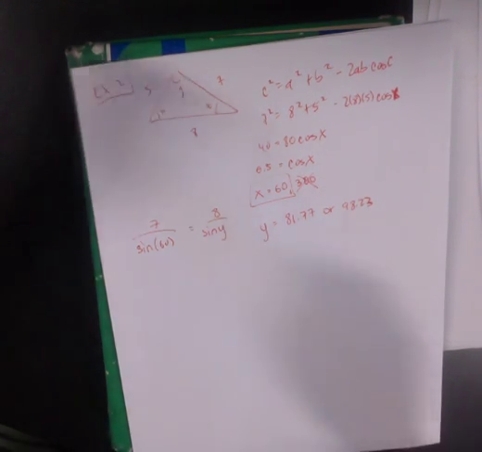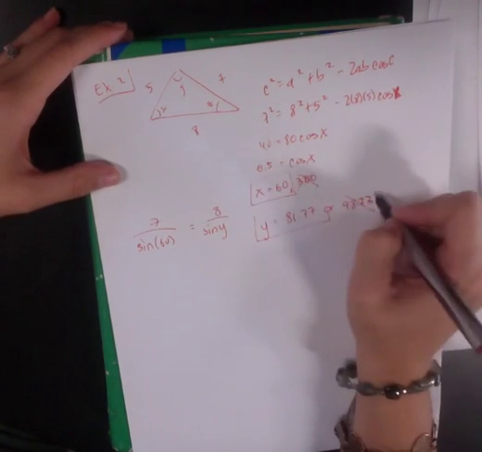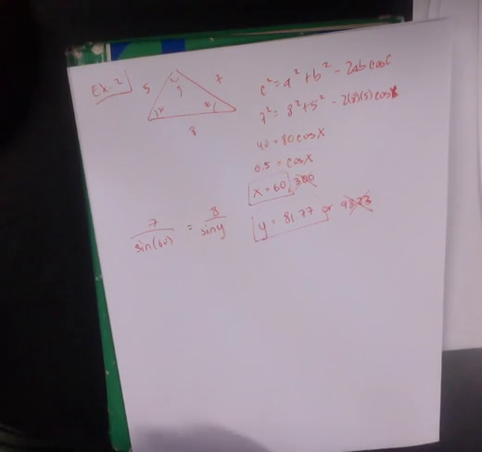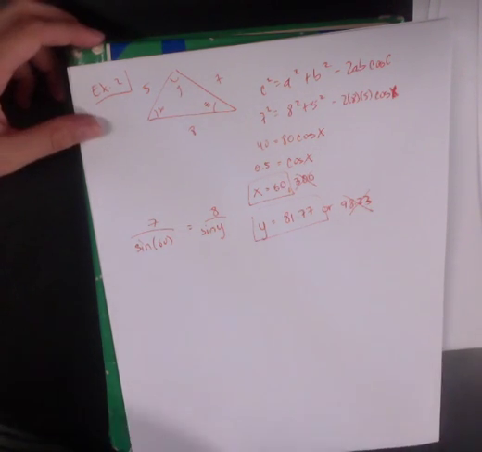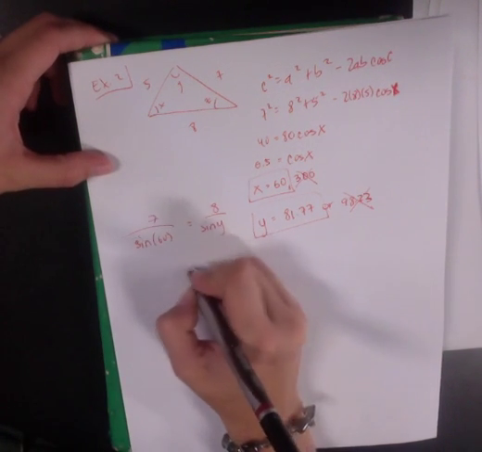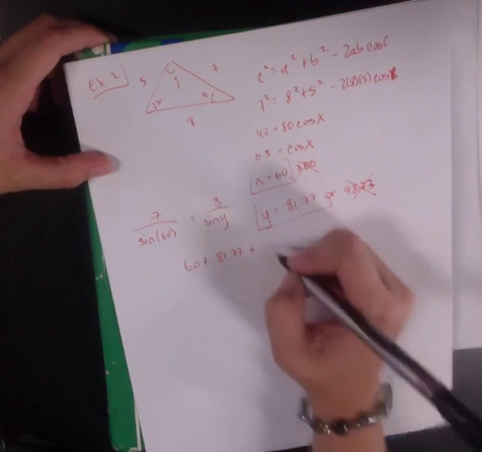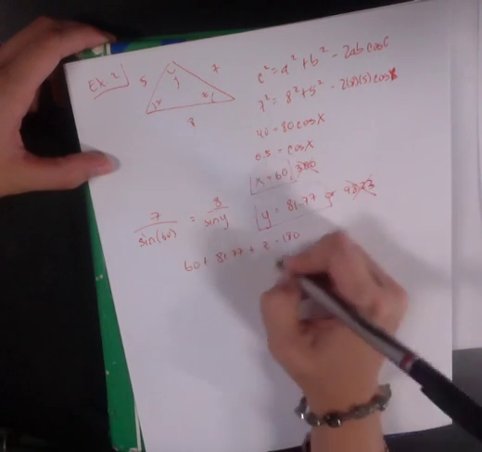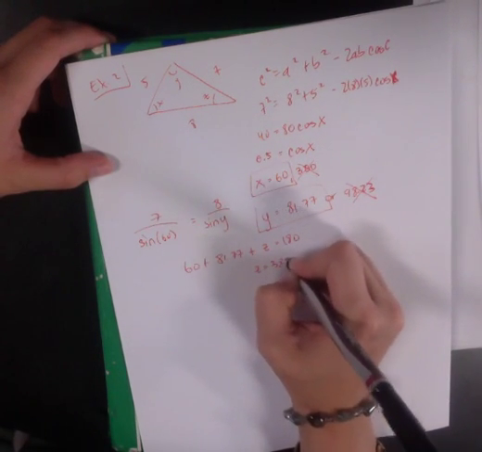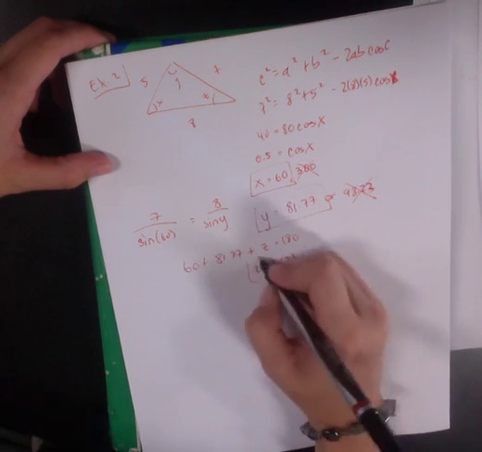Now, the important thing again is we look at our diagram and we see that y is not bigger than 90 degrees. So we go with 81.77. And then we know that 60 plus 81.77 plus z is 180, and we get that z is 38.23.